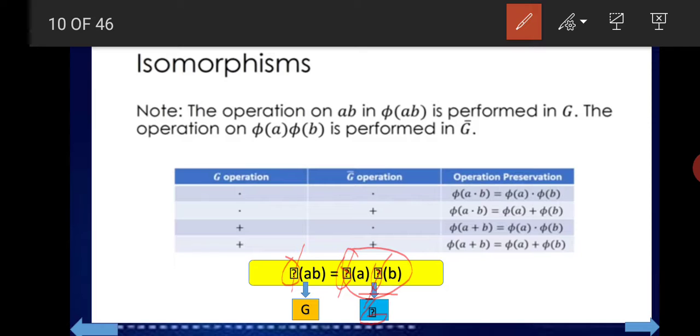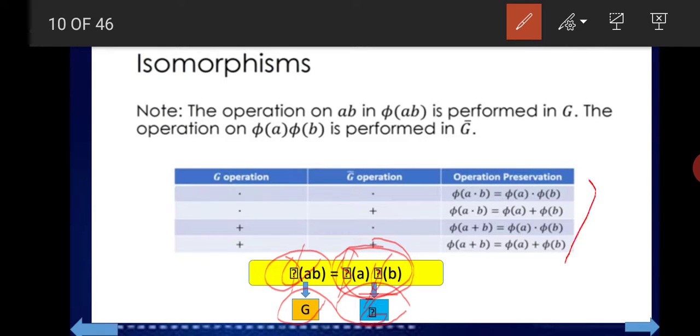So it's really important to note that these two groups are different. We have the group G, and we also have group G bar.